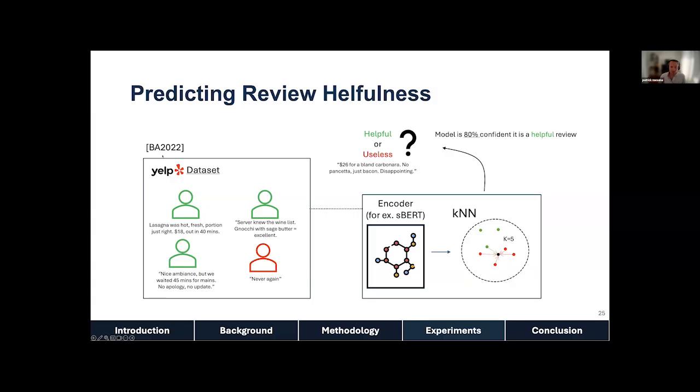And we managed to achieve it because there's been so much research recently on embeddings that a simple k-nearest neighbors was giving us very good results. Like I said, the objective is to predict if a review in the test set or the validation set is helpful or not based on the training set.